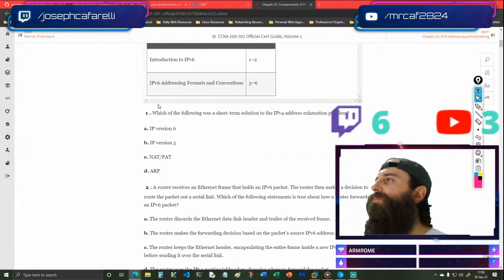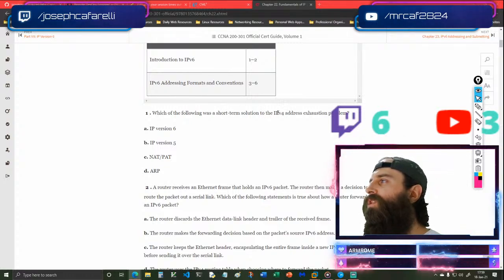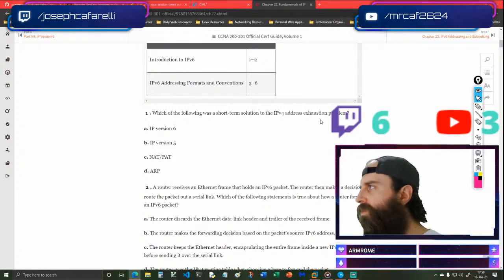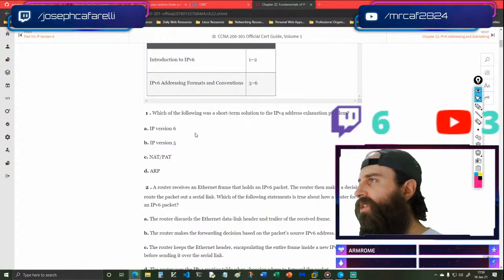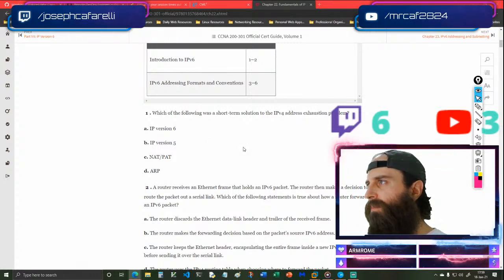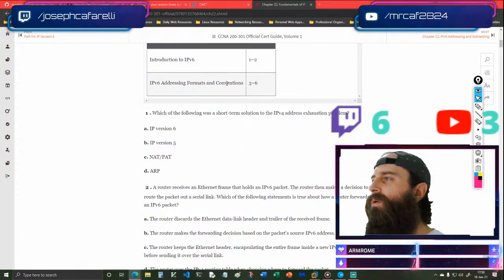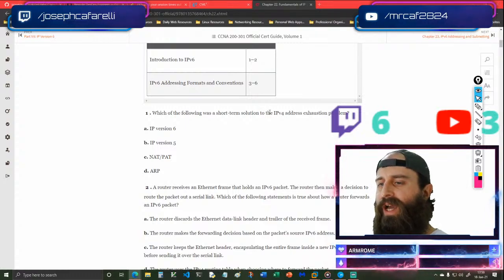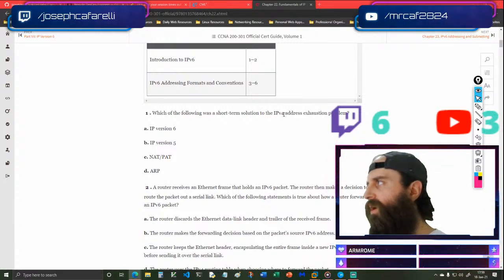Which of the following was a short-term solution to the IPv4 address exhaustion problem? So, what did they do to try to help the exhaustion of the IPv4 problem?